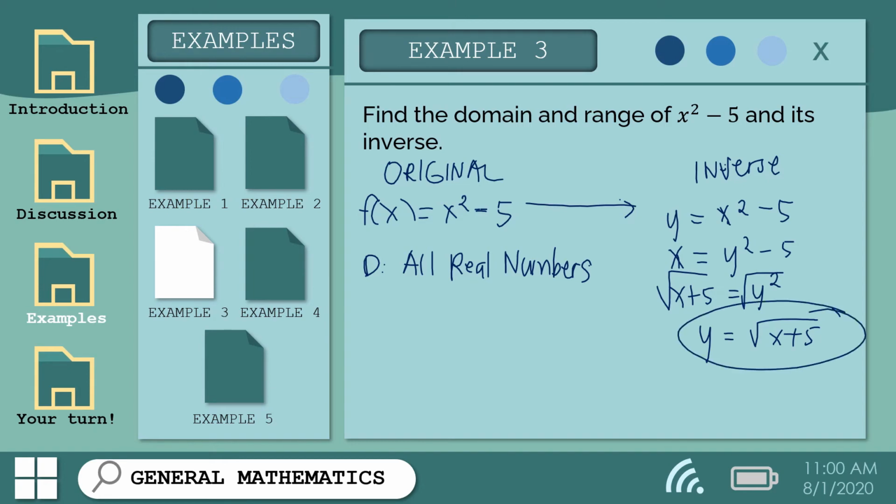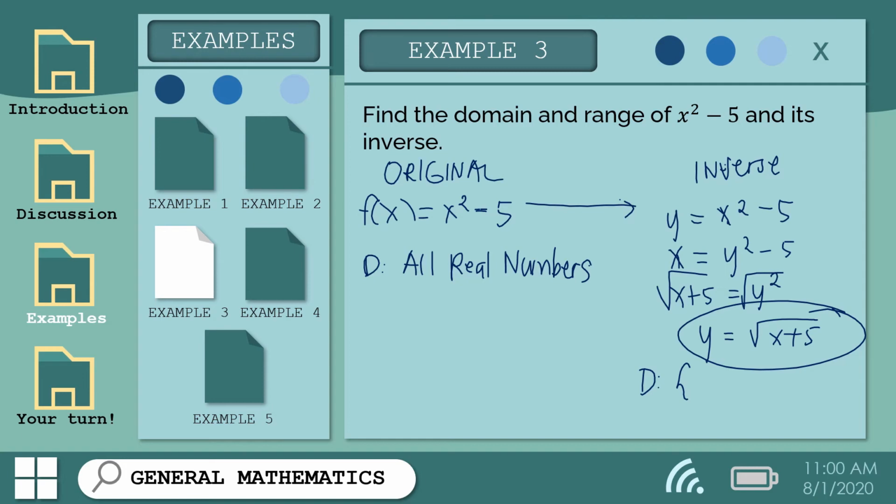Ayan. So, kunin na po natin yung domain ng ating inverse function dahil ang domain ng inverse function ay ang range ng original function. Yan. Sa pinag-uusapan po natin ay radical function, ang domain po nito ay lahat ng real numbers except doon sa mga values ng x that will make itong radicands natin or yung values underneath ng radical sign equal to a negative number.